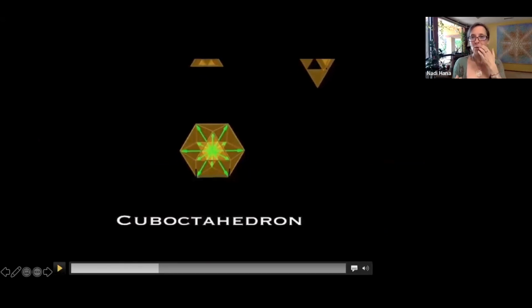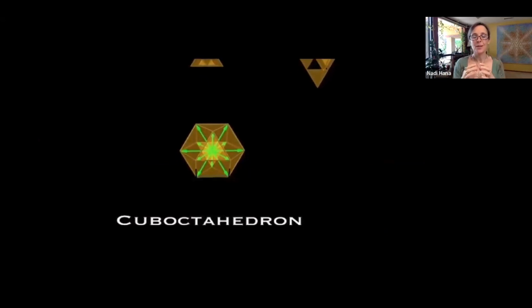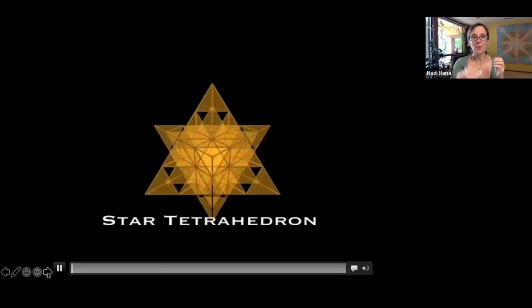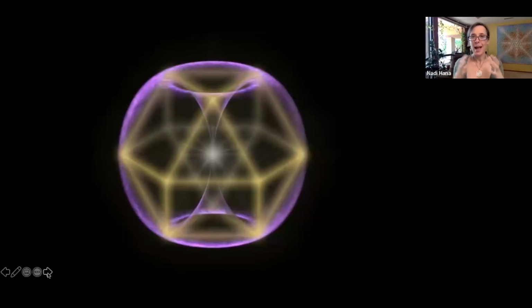And looking at the cube octahedron, it is a unique geometry. It is the only geometry that has equal measurements, right? So it's also called the vector equilibrium, meaning vector line segments, equilibrium, equal proportion.